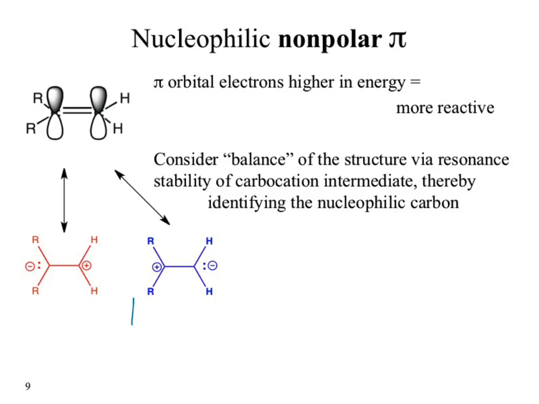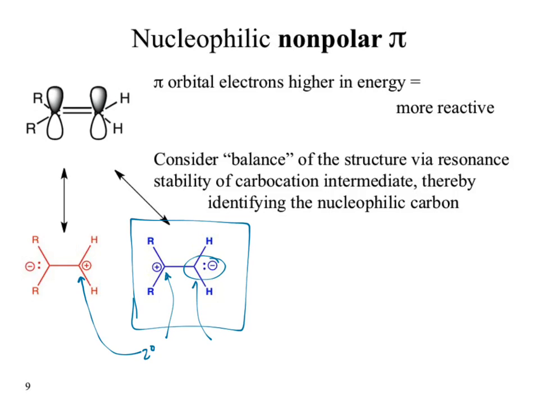It's going to be the blue because we have a secondary carbocation, which is more stable than the primary. And we have a primary anion, which is more stable than the secondary. So by looking at those structures and thinking about the resonance, we can predict something about the reactivity.